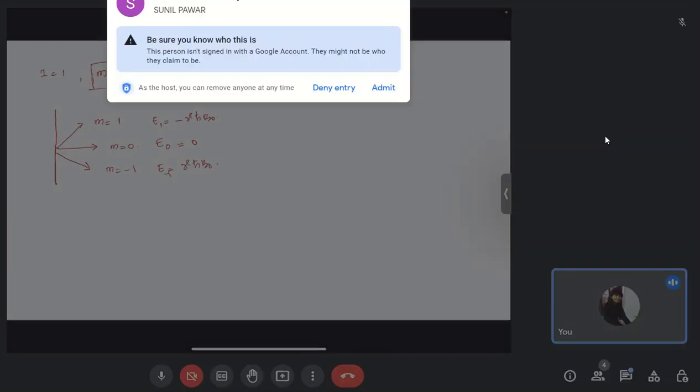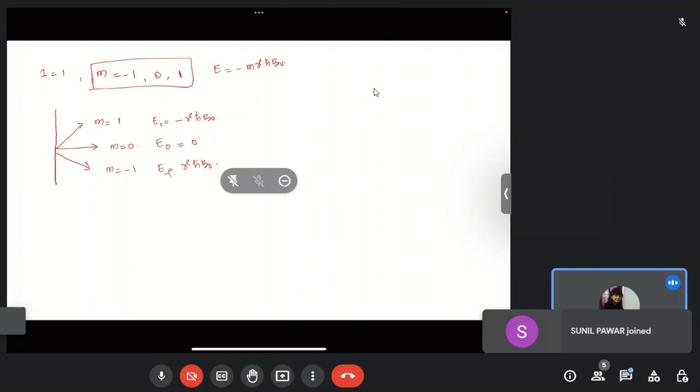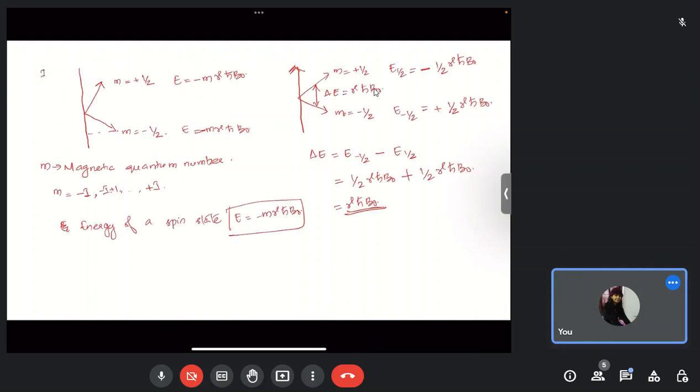And we had seen in the class that the atom can jump from a state where M is equal to minus 1 by 2 to plus 1 by 2, and it is supported by the selection rule delta M is equal to plus or minus 1.